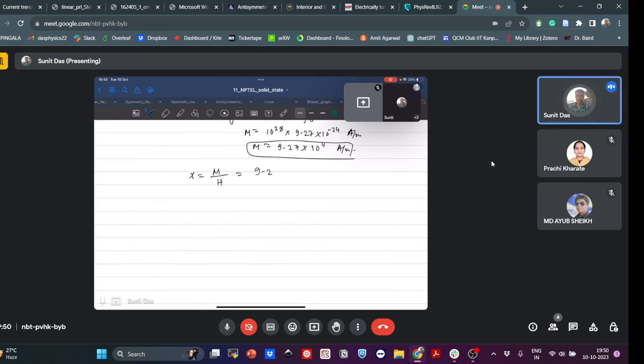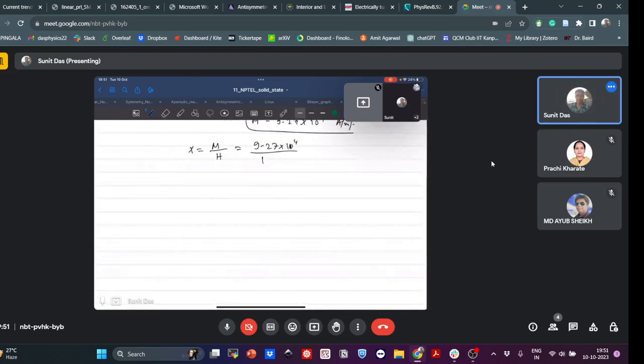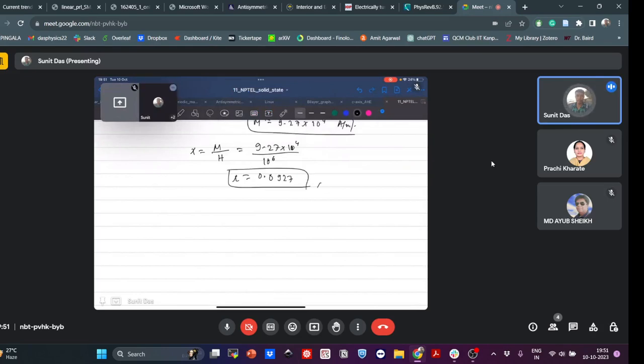So this will be 9.27 into 10 to the power 4 by 10 to the power 6. So the final answer will be 0.0927. Sorry, this is a unitless susceptibility. So this is another answer.